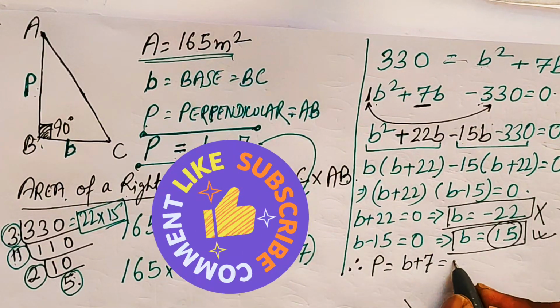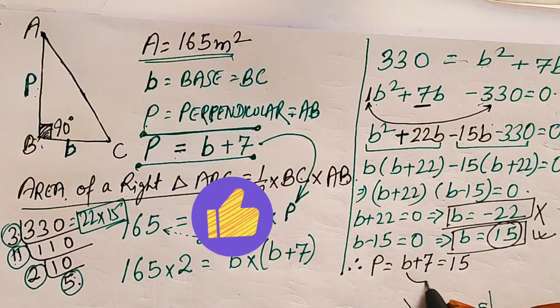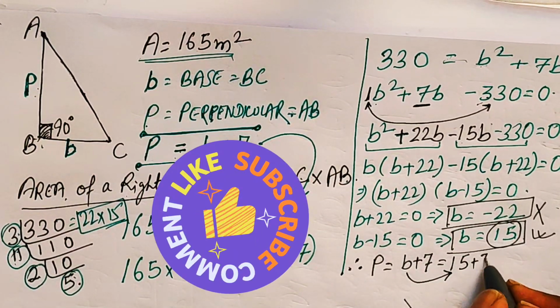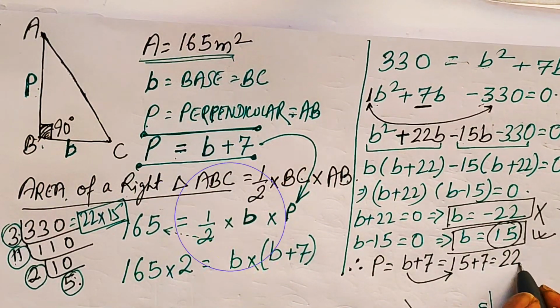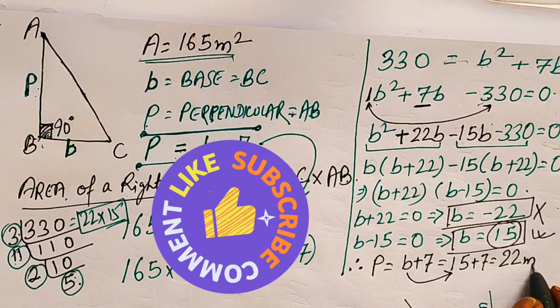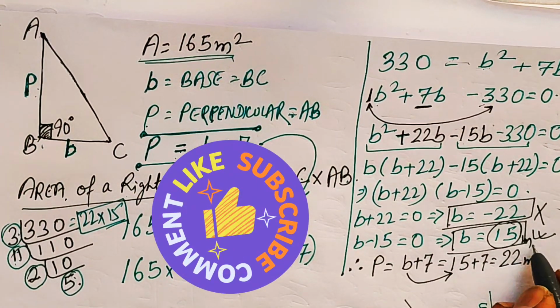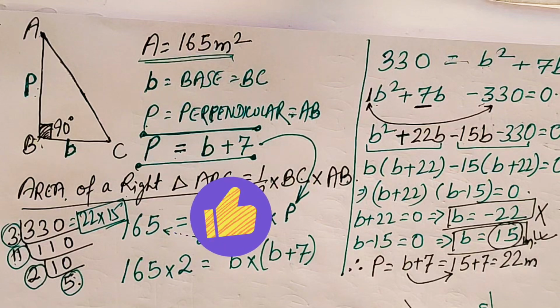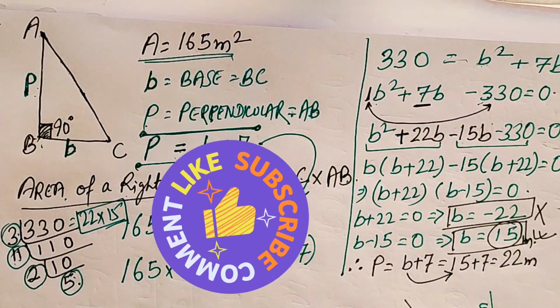But a length cannot be negative, so minus 22 will not be considered and base of 15 is considered. Thereafter we get the value of perpendicular or altitude as B plus 7, which is equal to 15 plus 7, that is 22 meter.